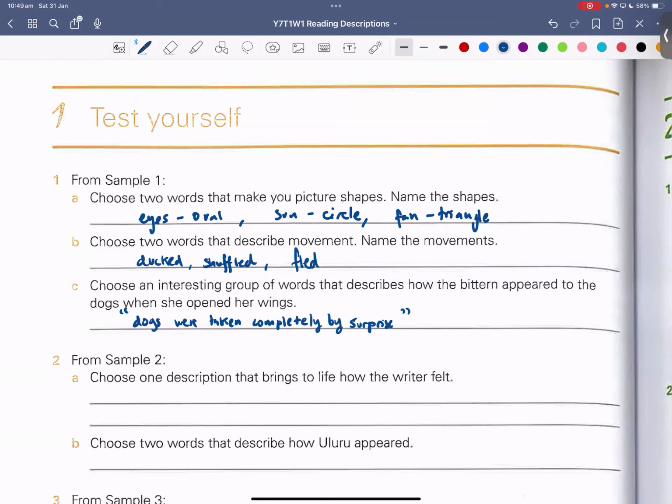Who doesn't have the year 7 English booklet? So right now we're just filling in the questions that we just did.